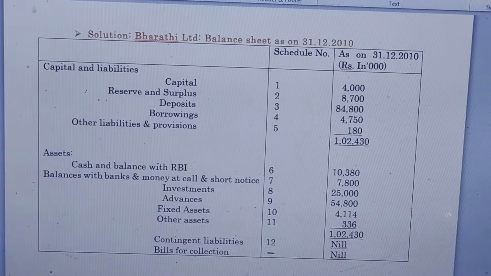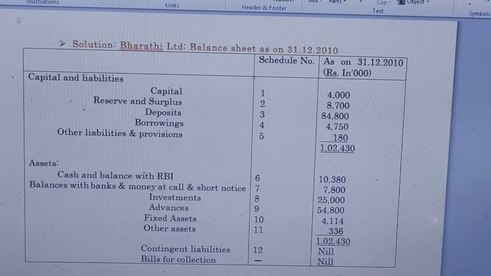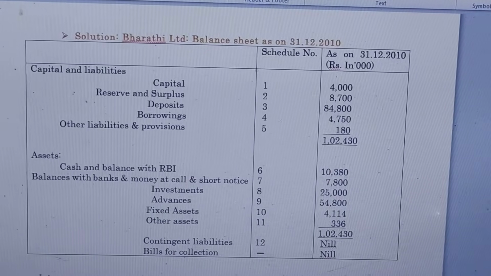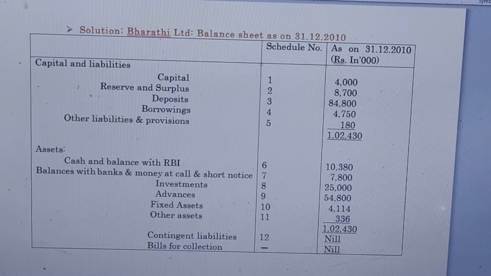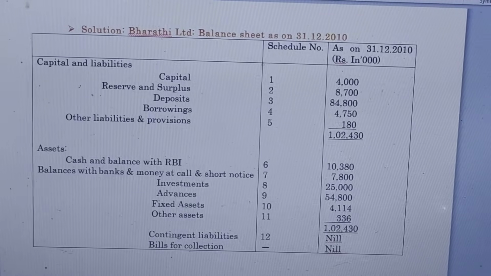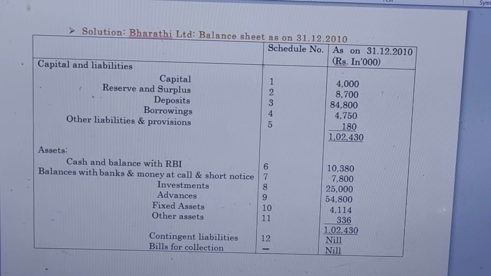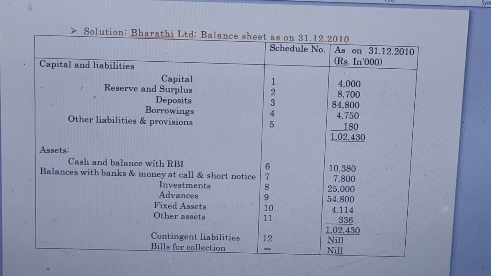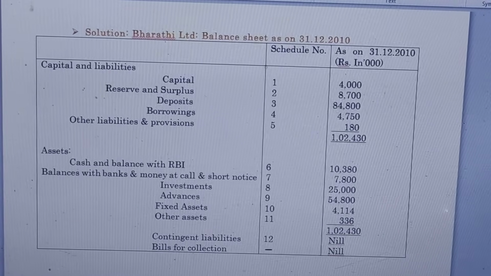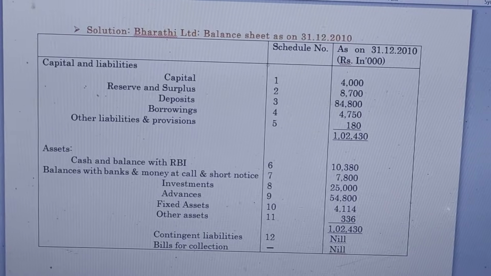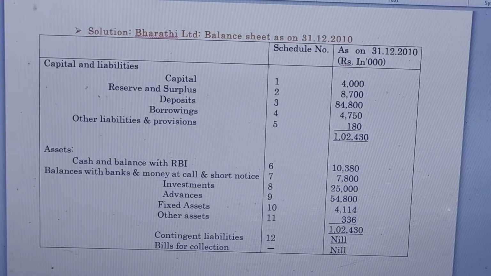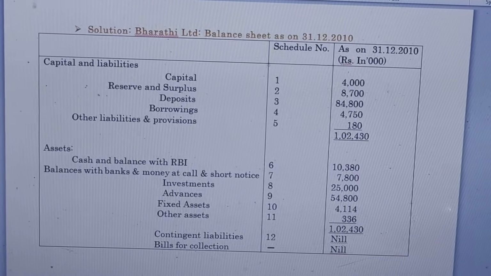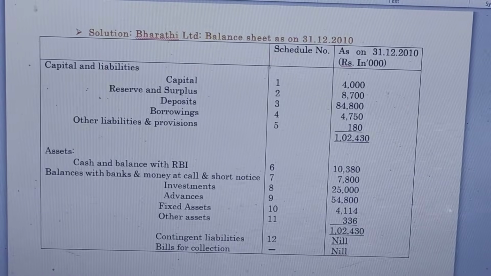Schedule number 4 heading is borrowings, and its total is 4,750. Schedule number 5 heading is other liabilities and provisions, and its total is 180.